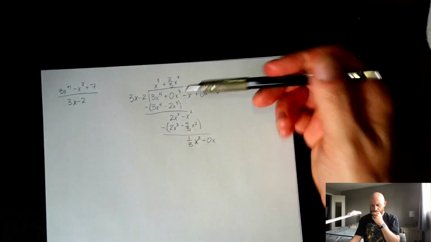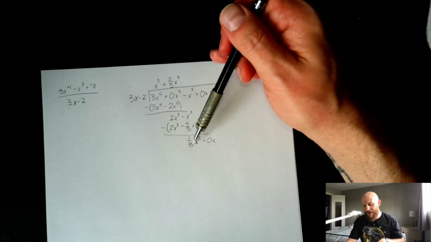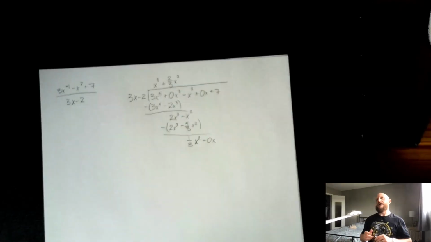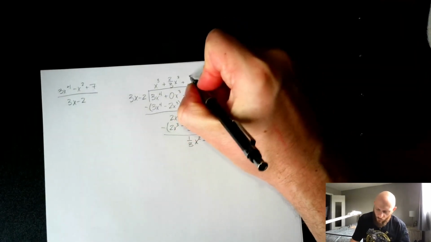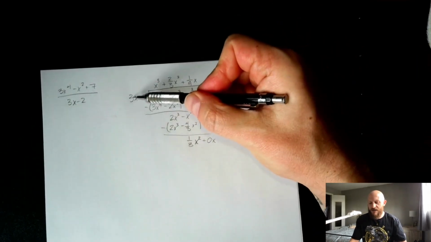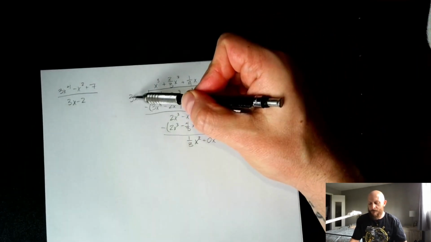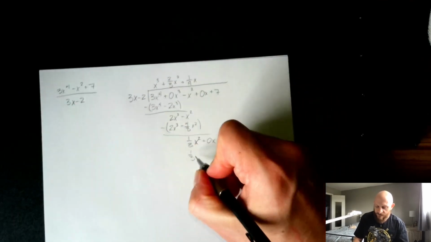All right. What do we have to multiply 3x by for it to become 1/3 x squared? Well, we would have to multiply 3 by 1/9. Is that right? Yeah, 1/9 x. 1/9 x times 3x: 1/9 times 3 becomes 1/3, x times x is x squared.